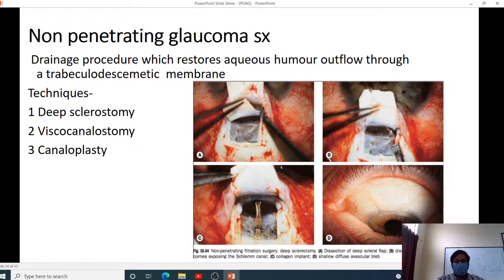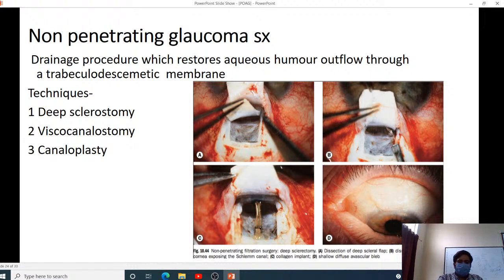What happens here is we do not disturb the trabecular meshwork. In trabeculectomy, which I am going to tell you next, there we disturb the trabecular meshwork. But here we have to go inside the canal and do the surgery where the trabecular meshwork is maintained.